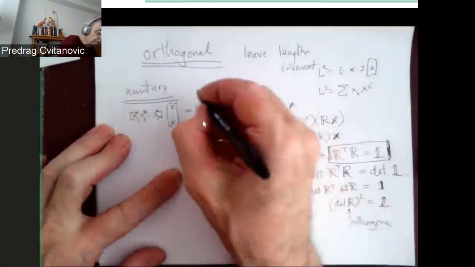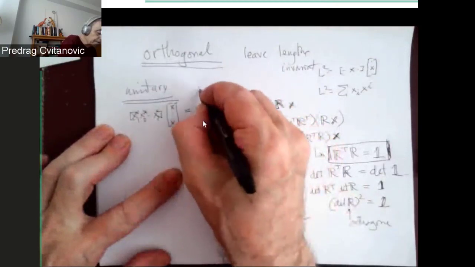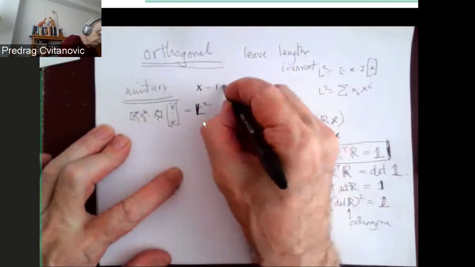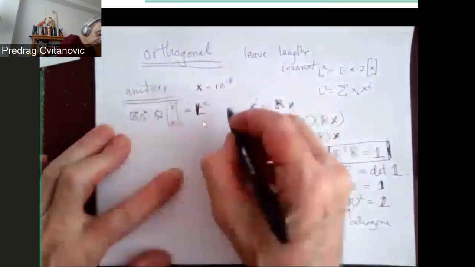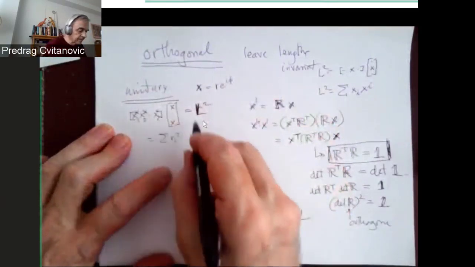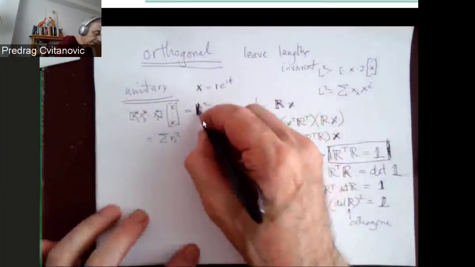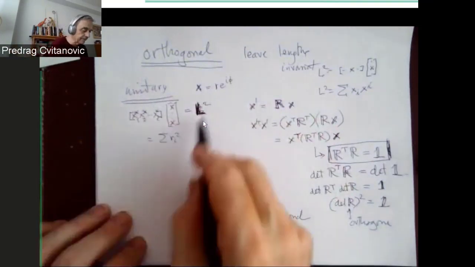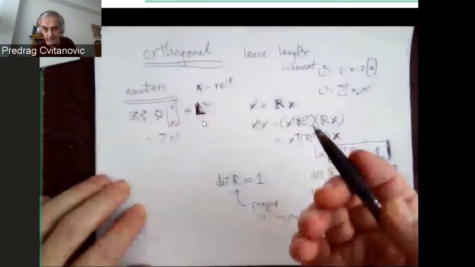Because if we wrote the original numbers, all the x's, in the form R e to the i phi, then in this product we just get a sum of R_i squared, which is the length squared in the complex plane. So the complex number has its magnitude and its phase, and we only want to preserve the strength of that complex number, the power. And that's why we look at unitary transformations.